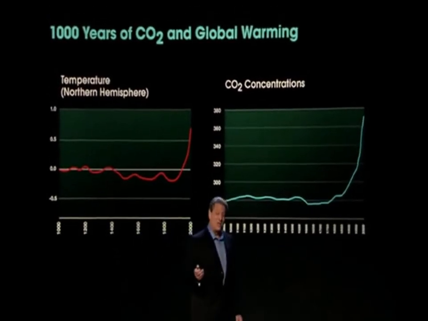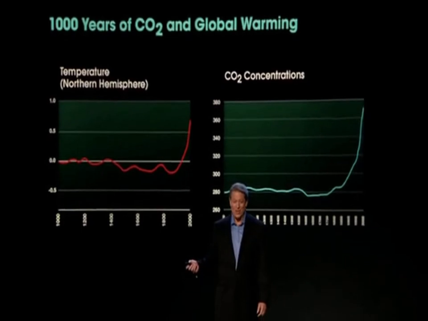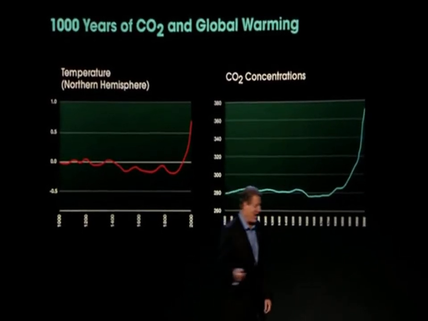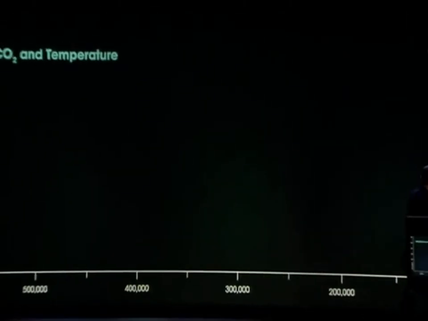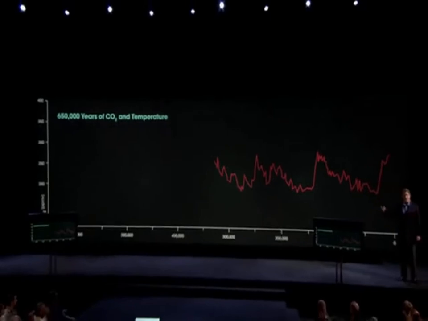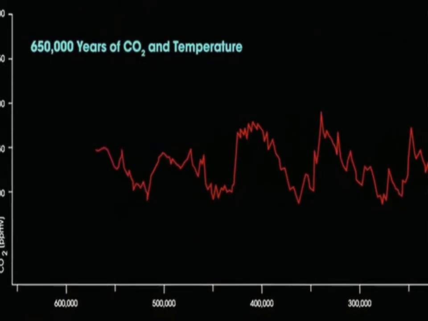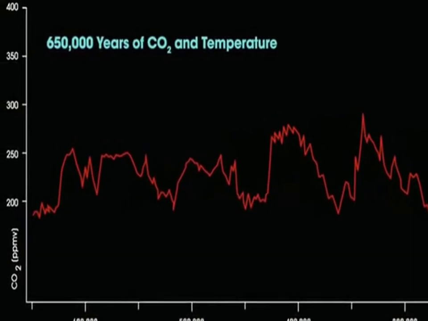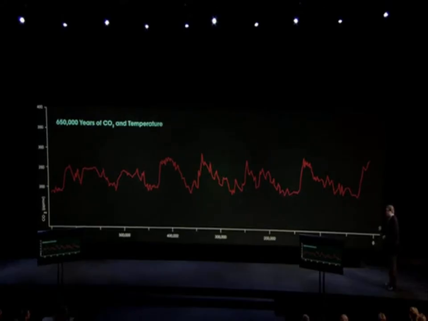Now, 1,000 years of CO2 in the mountain glaciers, that's one thing. But in Antarctica, they can go back 650,000 years. This, incidentally, is the first time anybody outside of a small group of scientists has seen this image. This is the present day era, and that's the last ice age. Then it goes up.